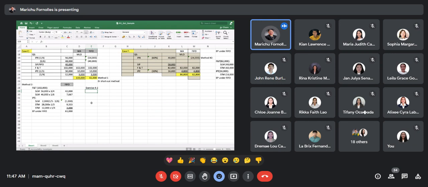That is your EUP in IPB. So I place here EUP under weighted average minus the EUP under first in, first out.